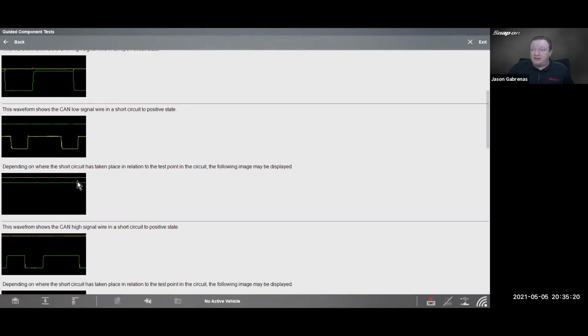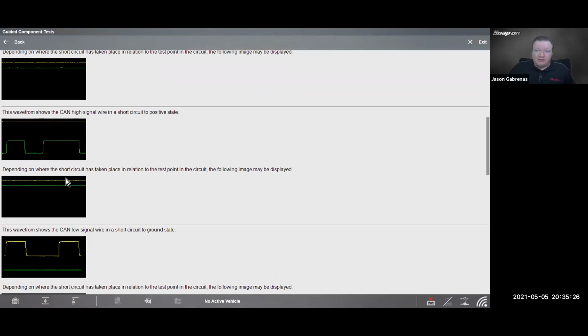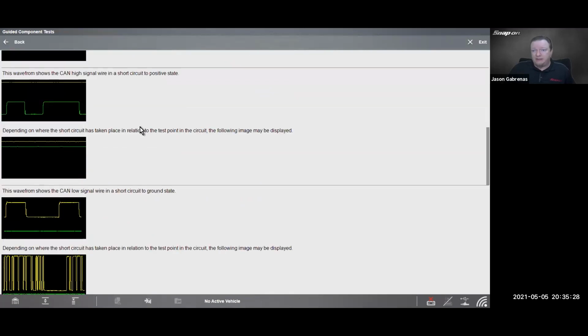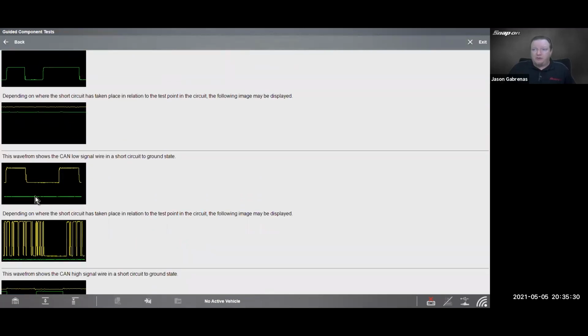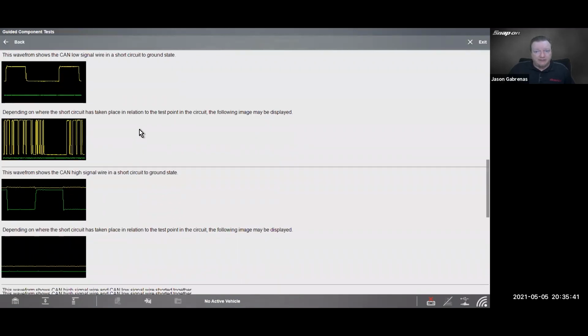Depending on where the short circuit is, they could both be shorted high. This one shows CAN high shorted high. Once again, depending on where they're shorted, could be high. This one shows low signal wire shorted to ground. Depending on where the short is, we could have a different image where we go into that higher speed transmission rate and we get the larger data packets.